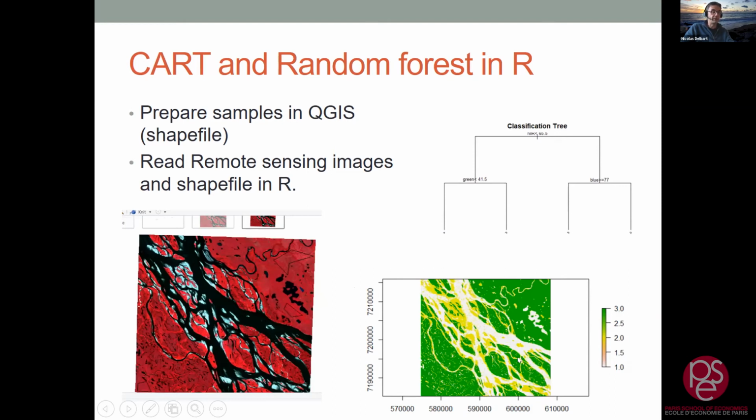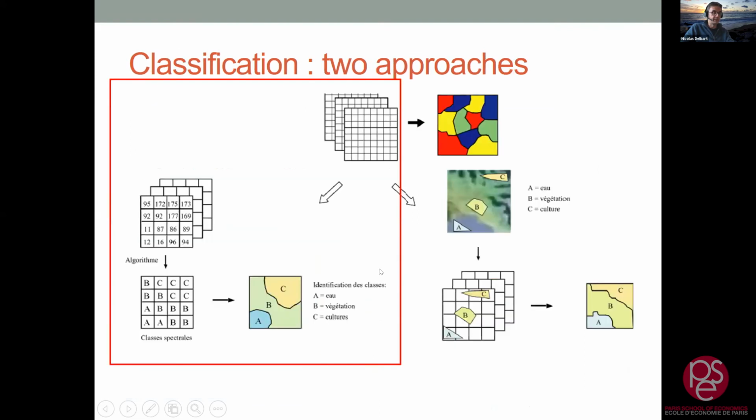In this particular case, clearly, this map based on random forest was better than the map based on CART. There was less variability within the vegetation, for example. I don't know, did I answer your question, Akiko?